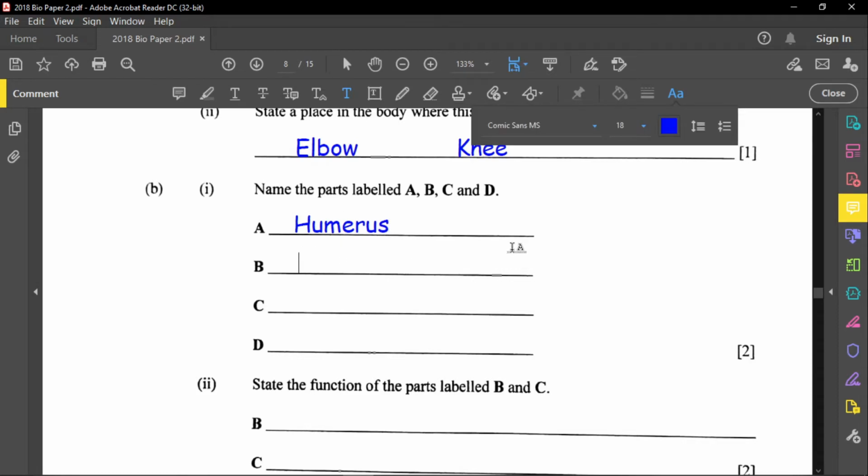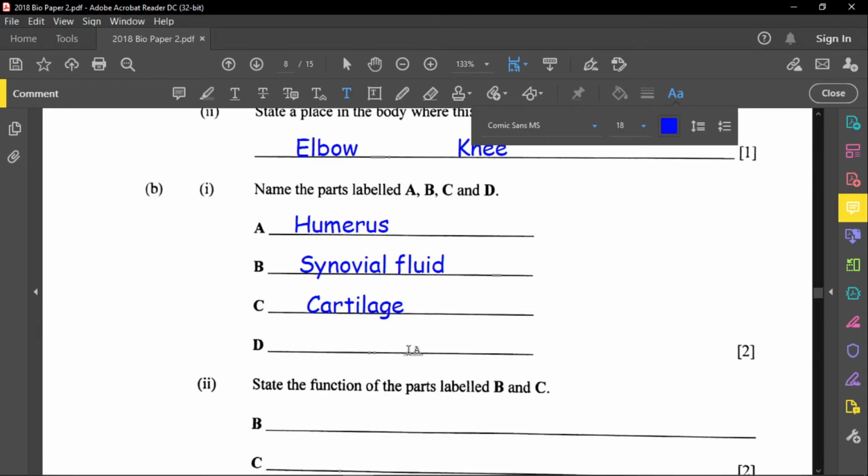And B is the synovial fluid. Then we have C, which is the cartilage.